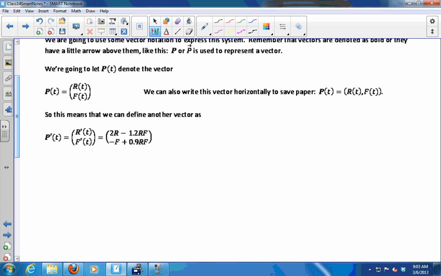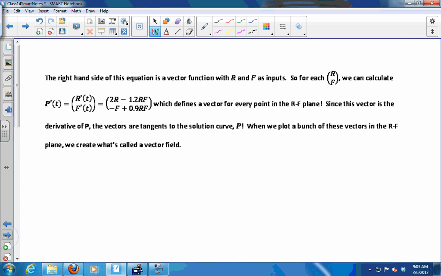Okay, so the nice thing about writing this as a vector is that the right-hand side of the equation is a function of R and F. So for each R and F, we can plug in, and we will get a vector for every point in the RF plane.